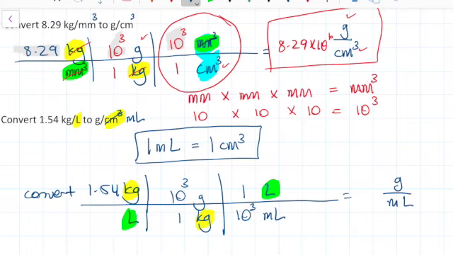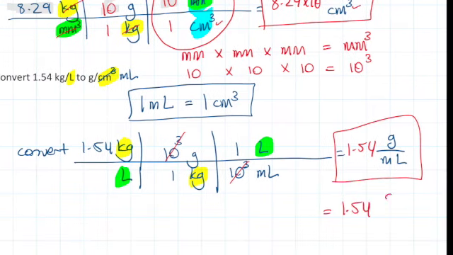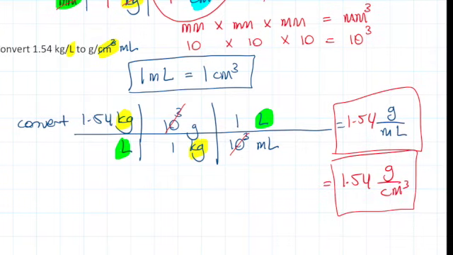Oh my goodness. Would you look at that? The 10 to the third is going to cancel with the 10 to the third, and my answer is going to be the same numeric answer. So guess what, folks? This is 1.54 grams per milliliter, or 1.54 grams per centimeters cubed.